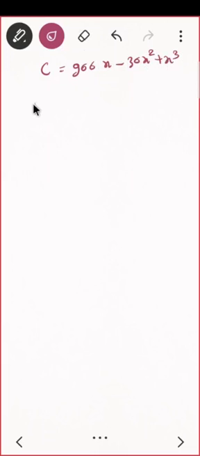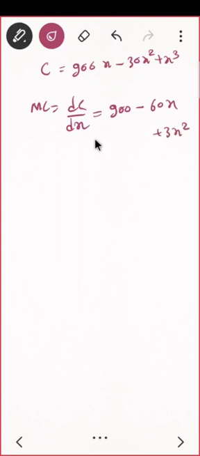Derivative of C with respect to x will be 900 minus 60x, correct? And this will be plus 3x square. And at x equal to 15, marginal cost will be, put 15 in this and tell me the answer.